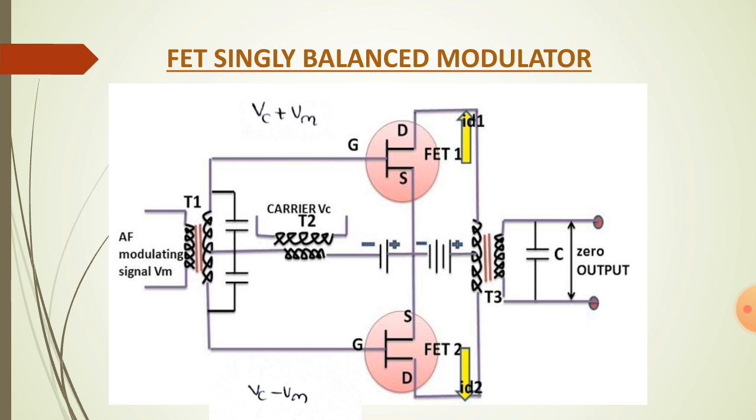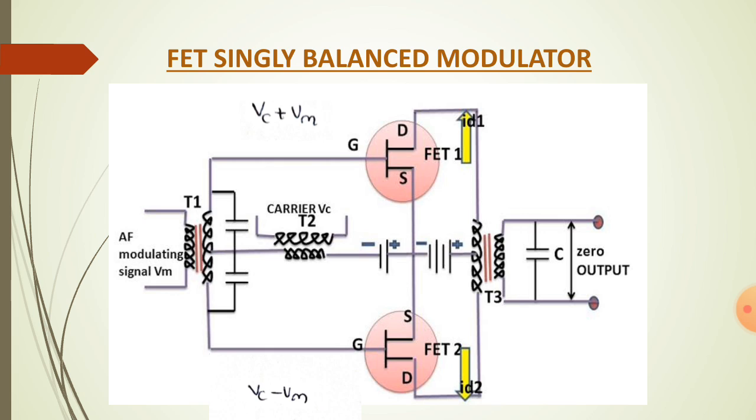Due to this 180 degree out of phase modulating signal at the gates, there will be field effect currents that are unequal and not opposite, hence they do not cancel each other; they add up. So at the secondary of the output transformer we get two sidebands with suppressed carrier.